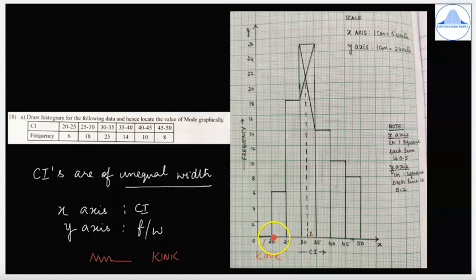Next, let us find out what is the value of each line in the square. So for example, if you take this square, that is 1 centimeter on the x-axis, this is 20 and this is 25. So each line will be 0.5 in the square for the x-axis. How did we get this 0.5? For example, it is 25 minus 20 is equal to 5.